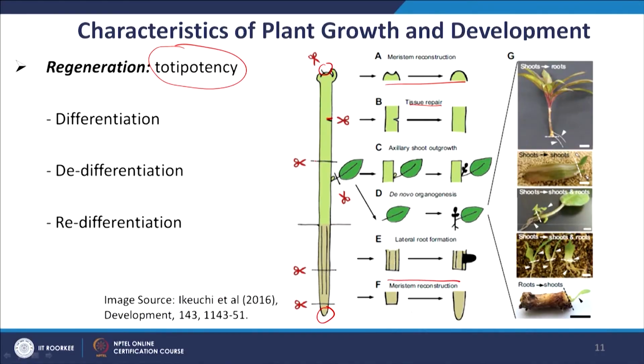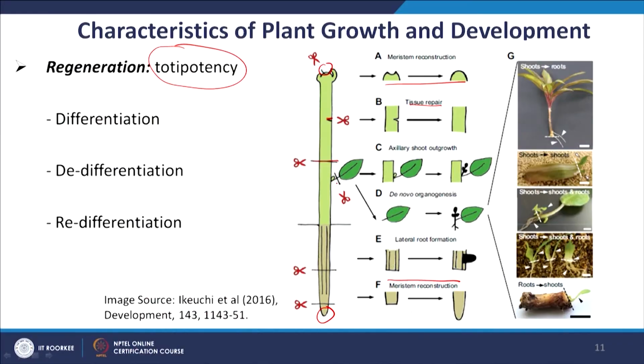But what happens if you cut the plant from here? They immediately sense it. Since this is cut in the differentiated region, it is difficult for them to fully reconstitute the meristem; if you cut in the meristematic region they can reconstitute it. But what they do is immediately activate the axillary meristem and start making branches. So, axillary shoot outgrowth is now activated.